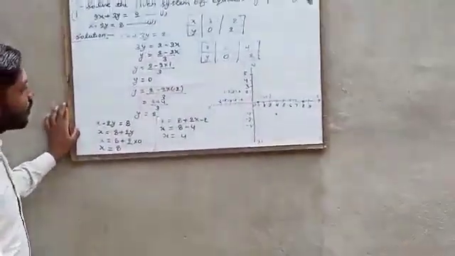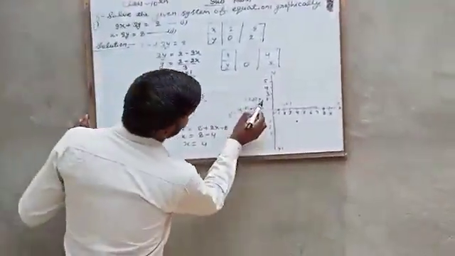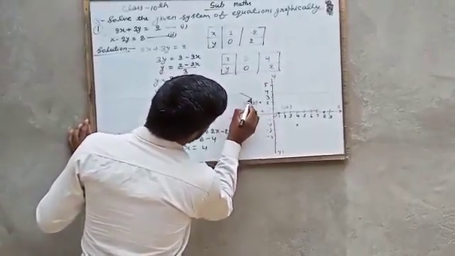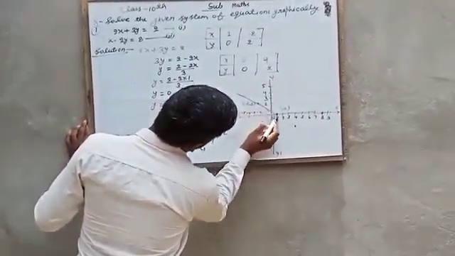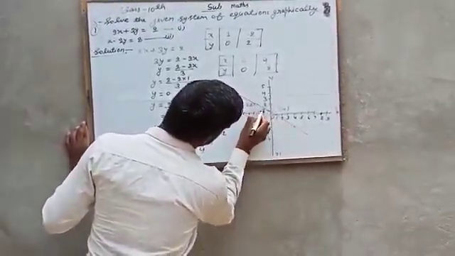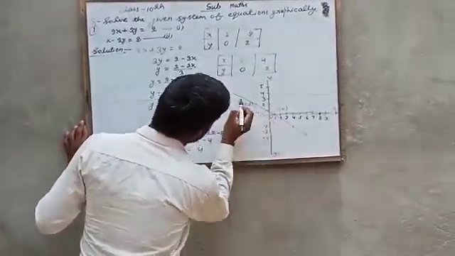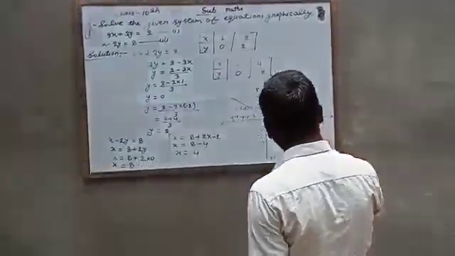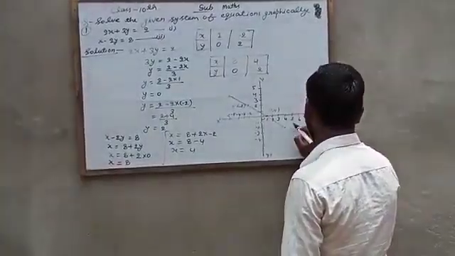Now first of all we will join these two points to form a line. This will go like this one. Again we will join these points. So it will make here.